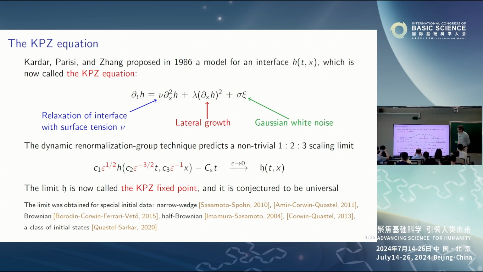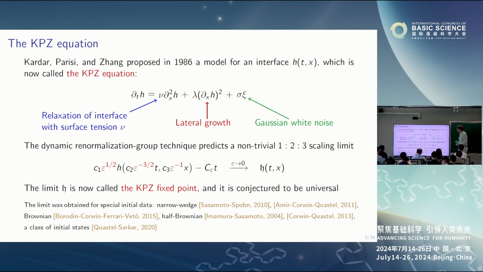In the paper, Kardar, Parisi and Zhang also conjectured that under a suitable rescaling, the solution to the KPZ equation should have a non-trivial scaling limit. In other words, if we take a small parameter epsilon and rescale the time variable, the space variable, and the size of the fluctuations of the height function by suitable powers of epsilon, this is called the 1-2-3 scaling.